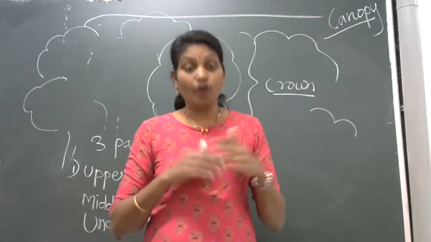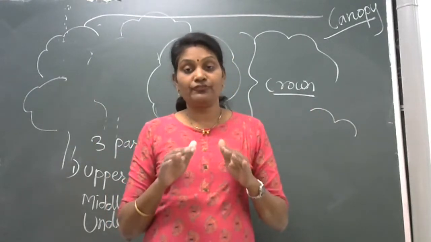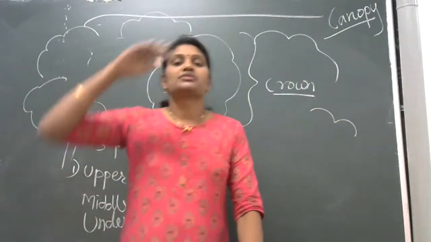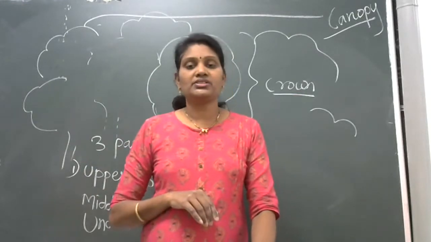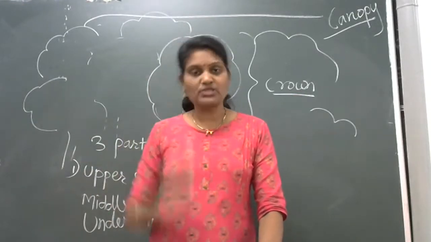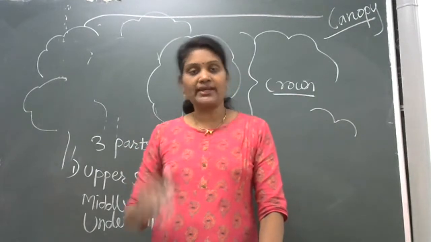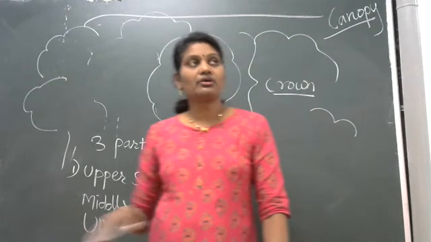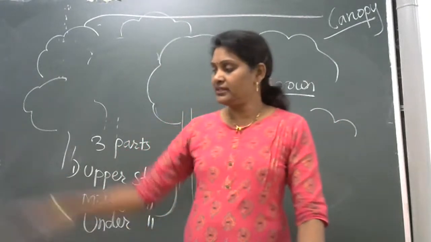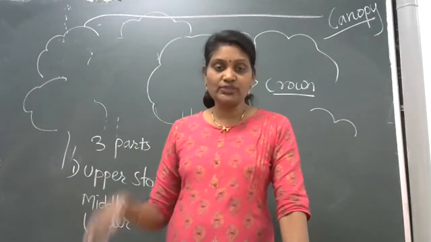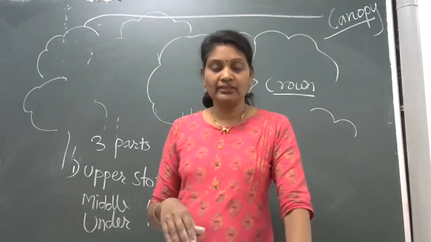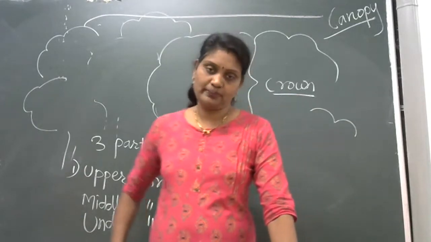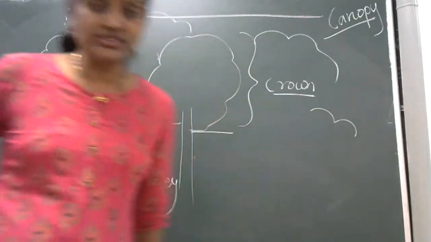So if we look at the forest, it is divided into three parts. The topmost part is called the upper story, then the middle story, and the lowest one is the understory. It is also like the animals which live on the ground. Is it clear to all students?